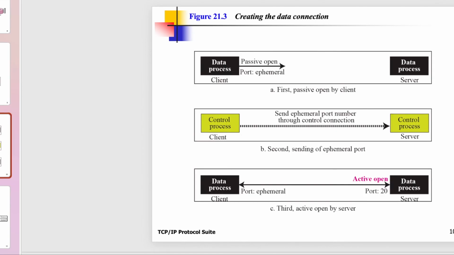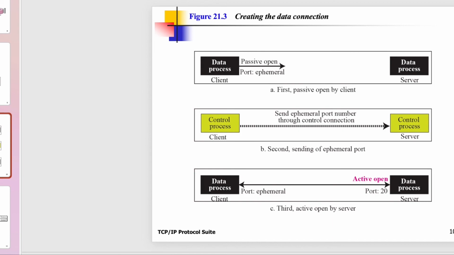Creating the data connection: the data connection uses the well-known port 20 at the server side. However, the creation of the data connection is different from what we have seen so far. The following shows how FTP creates the data connection. The client, not the server, issues a passive open using an ephemeral port. This must be done by the client because it is the client that issues the command for transferring files.